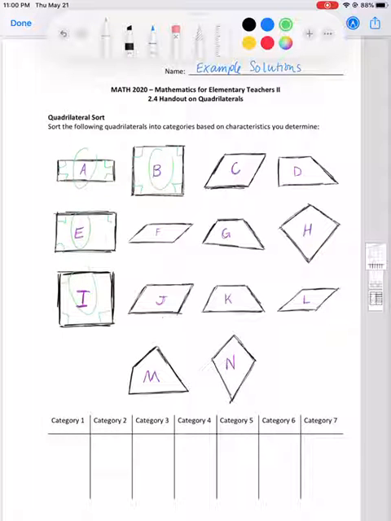So we can go ahead and do a category of four right angles.